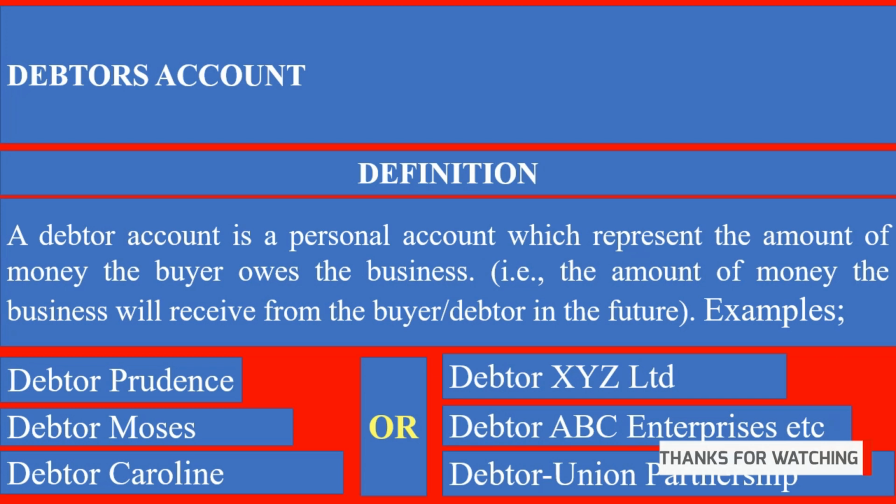For example, we have got Union Partnership who is a debtor. Alright.